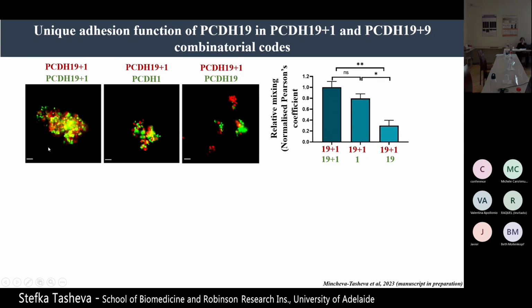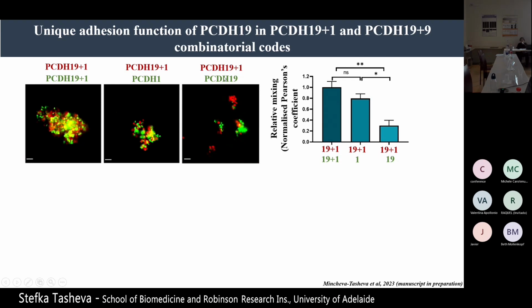And we found these cells mixed together, so again forming heterogeneous clusters. And here is the quantification, and that is our indication for 100% adhesion ability. When we mix a cell population expressing the complete code with a cell that expresses only PCDH1, we again see that this adhesion ability almost remains intact, so it's insignificant compared to the control.